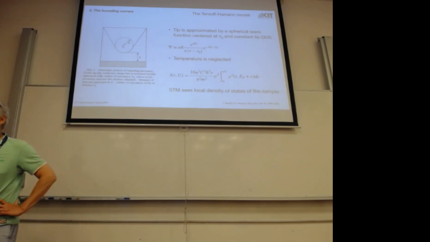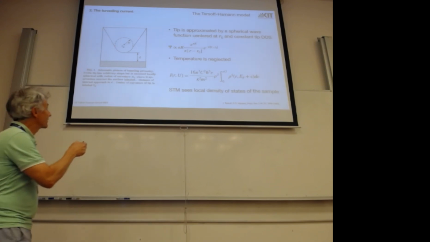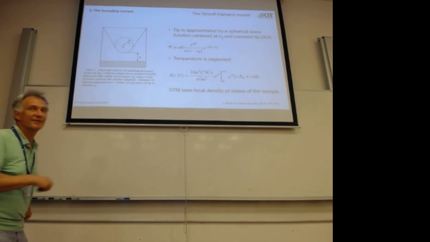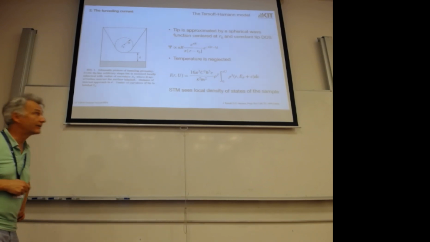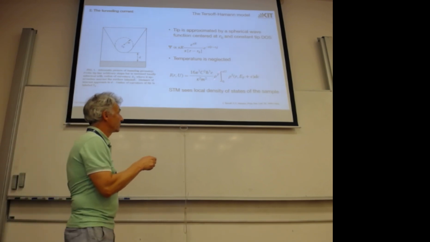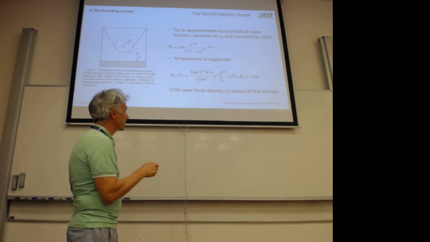It's not a Bloch function which lives forever, but it will be very broad in energy. So it's not sharp in energy, it's very broad in energy because it's localized. By the uncertainty principle, this is very localized, so the energy is very spread, and we just assume it does not depend on energy. This is not correct in all cases, but it's the simplest thing.